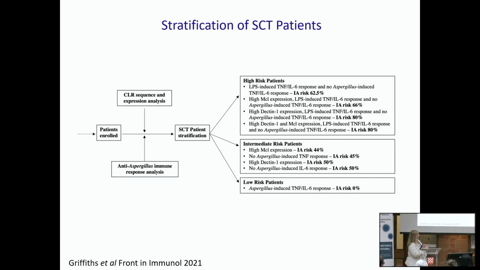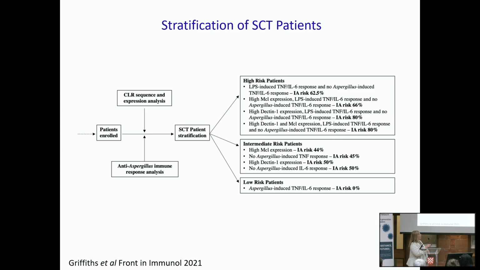Whereas with the low-risk patients, if a patient came in and their cells responded and produced IL-6 or TNF in response to Aspergillus, then none of them developed invasive aspergillosis. So we've gone from a 27% risk to maybe 62% versus 0%.